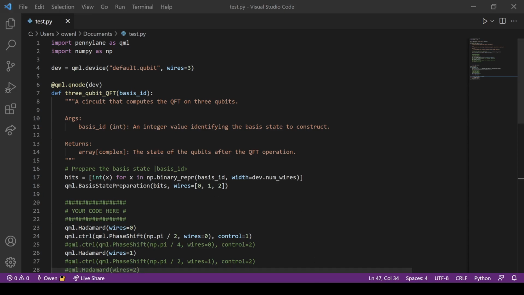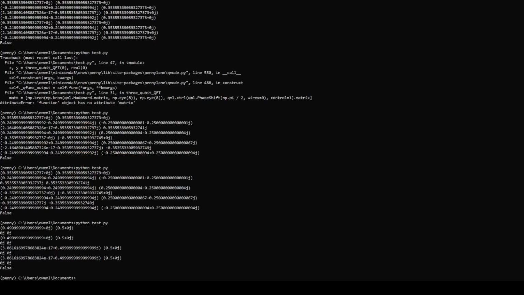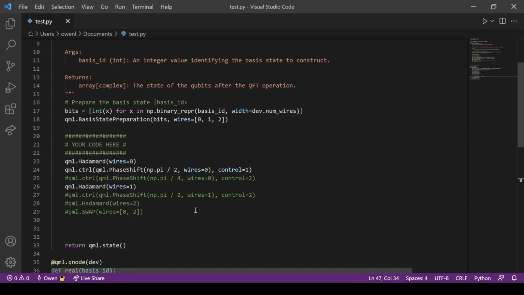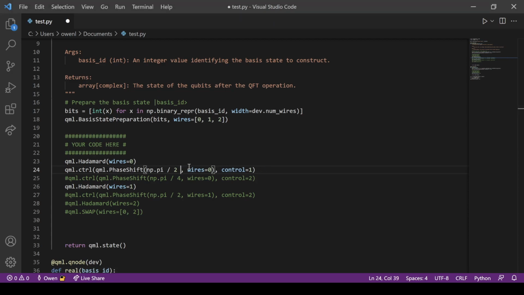I can adjust. It's kind of a pain to go back and forth, but you can see this is the 2-qubit case. The problem is there's some complex number here in the left side that shouldn't actually be there. So let's go and investigate this. I'm just going to try some stuff out and see what it yields.